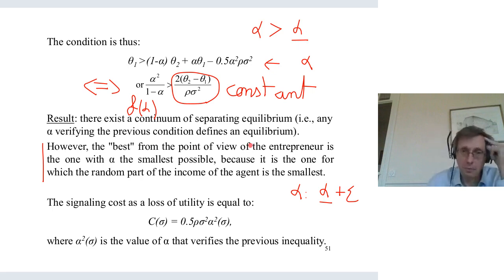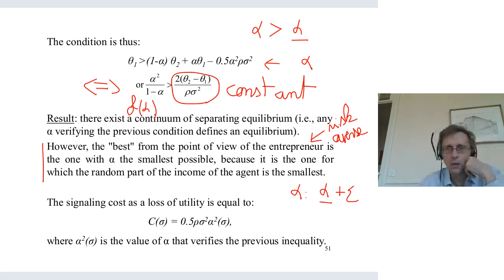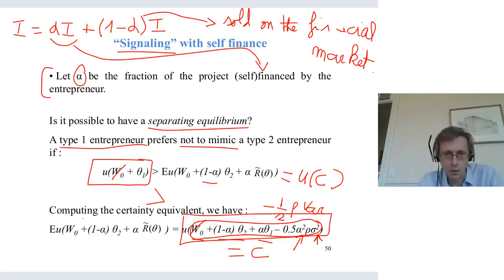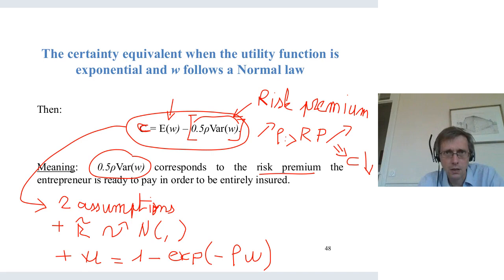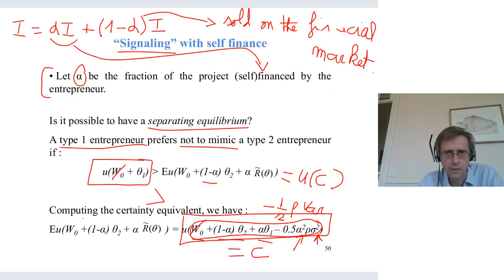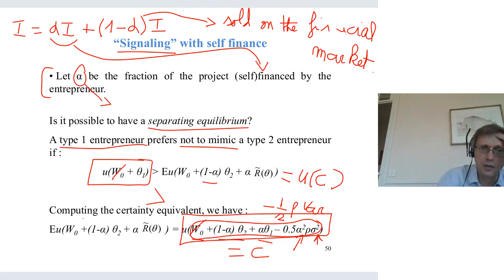The best from the point of view of the entrepreneur, because remember that the entrepreneur is risk averse, is the one with the smallest possible alpha, because it is the one for which the random part of the income is going to be the smallest. You want alpha to be the smallest possible, because this is the fraction of the project which is self-financed by the entrepreneur himself.